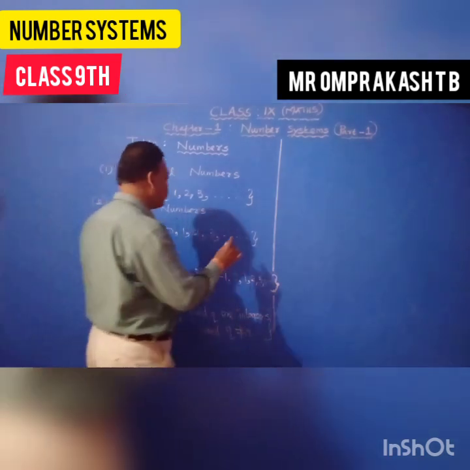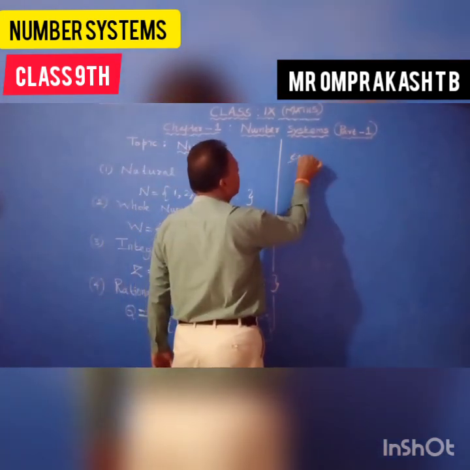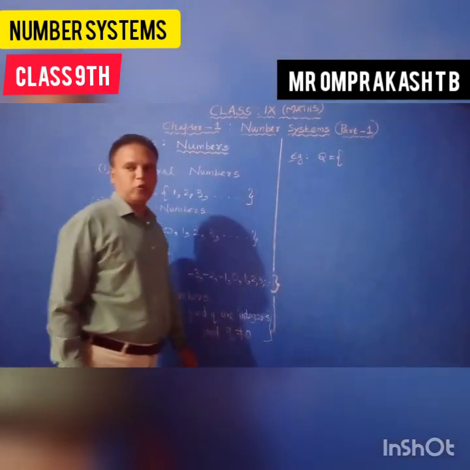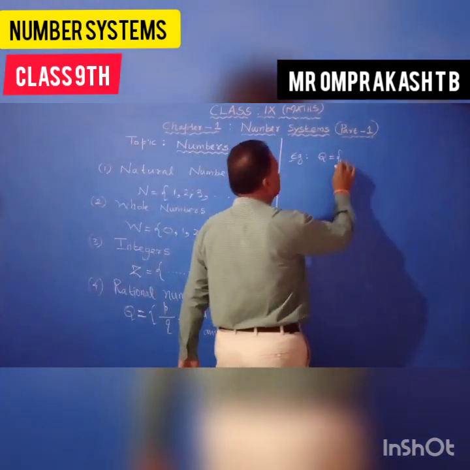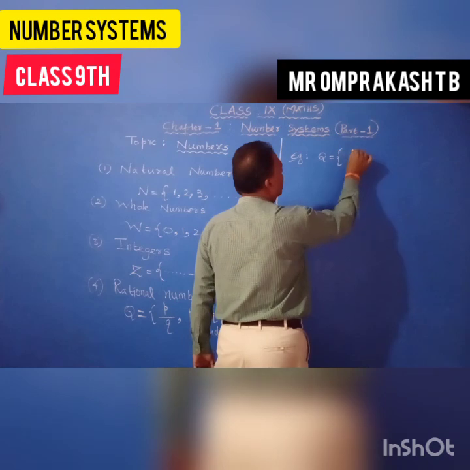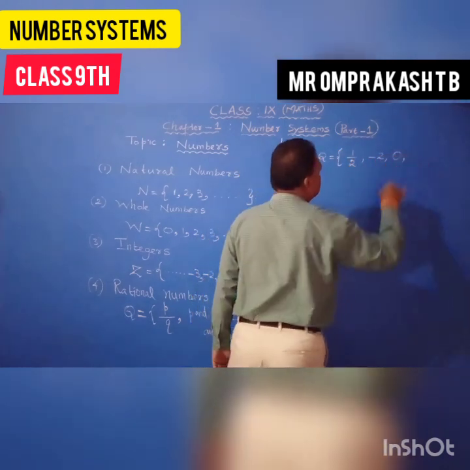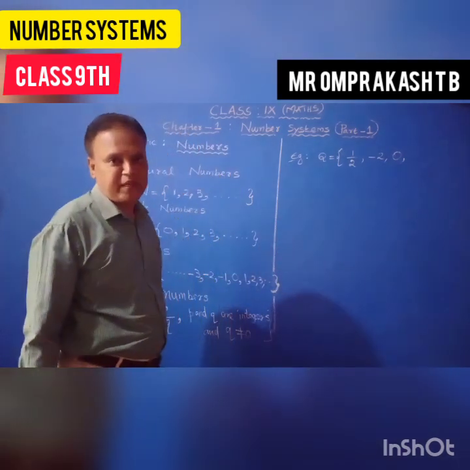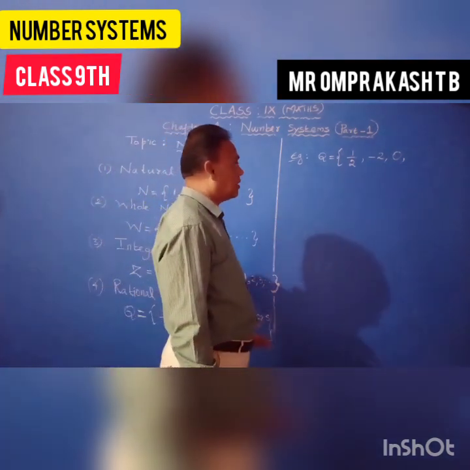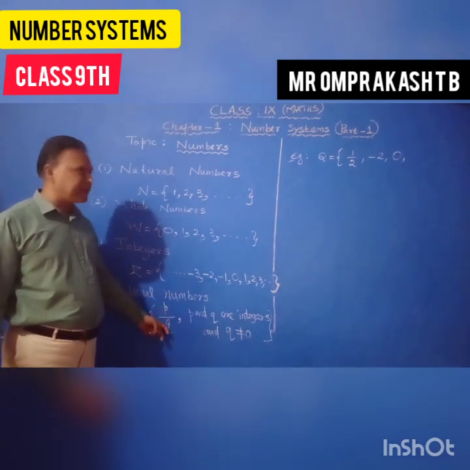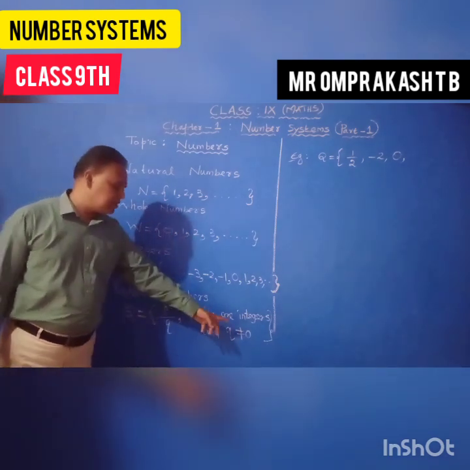For example, you see 1 by 2, minus 2, even 0 is also a rational number. Remember, 0 is also rational because the numerator P can be 0, and for the denominator you can write any number other than 0.